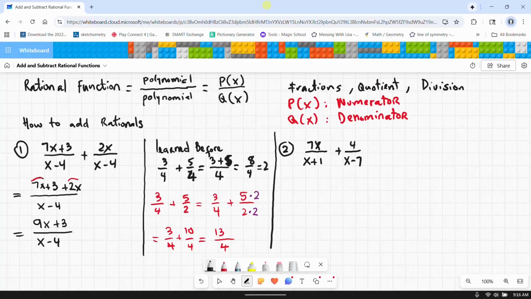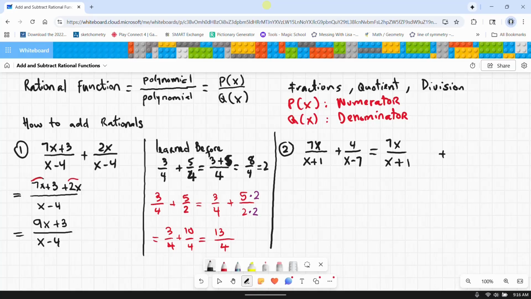Now we're going to apply this. The way we add rational functions is we need to have a common denominator. They have to be the same. So let's start by rewriting this. Then we're going to multiply the bottom again.